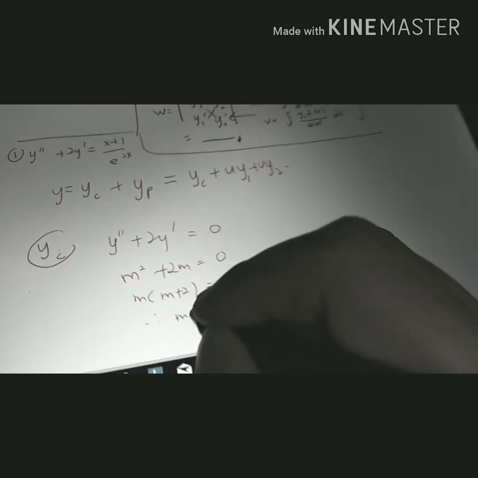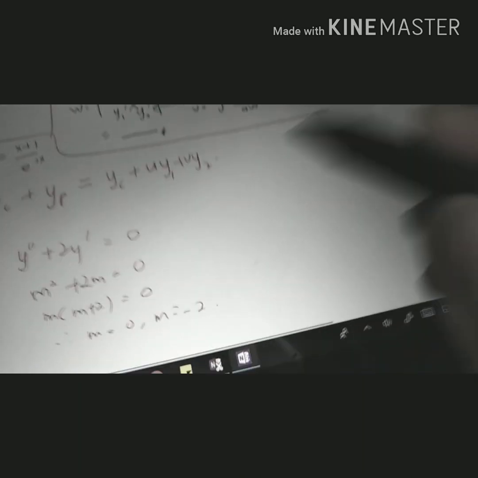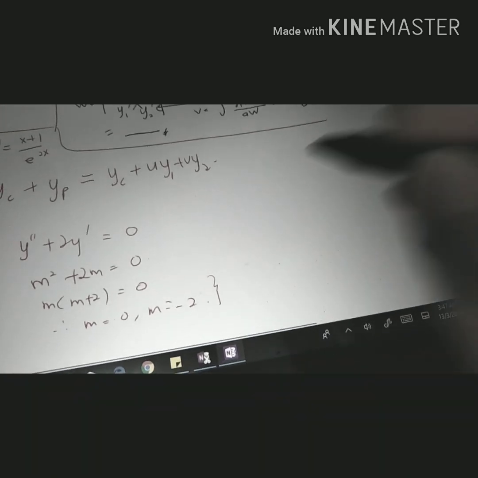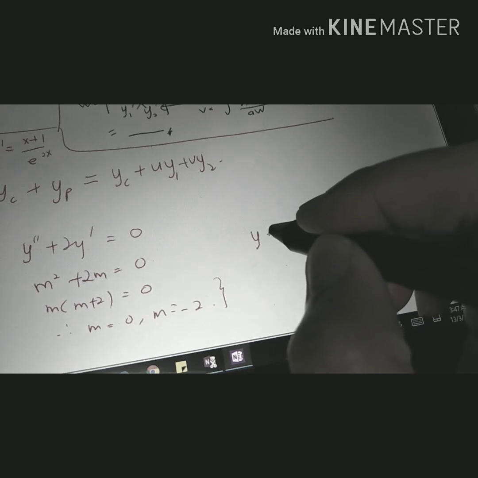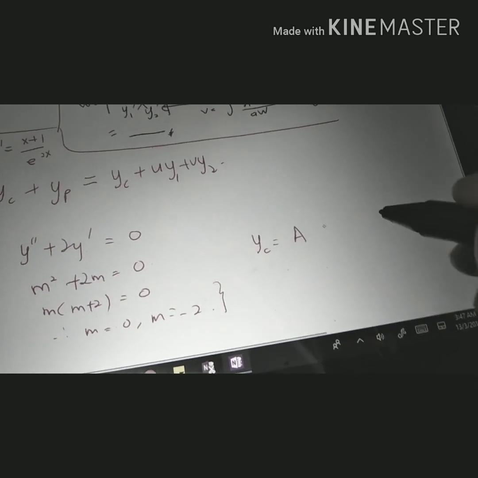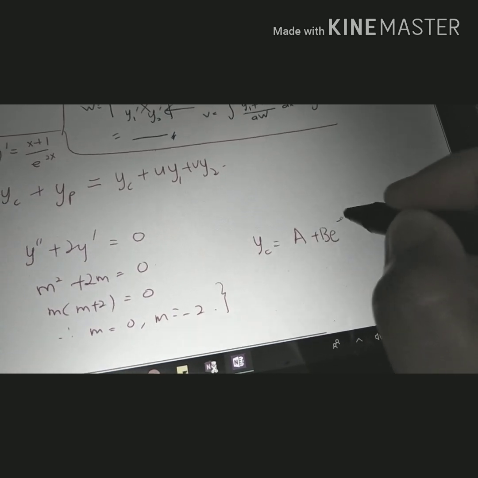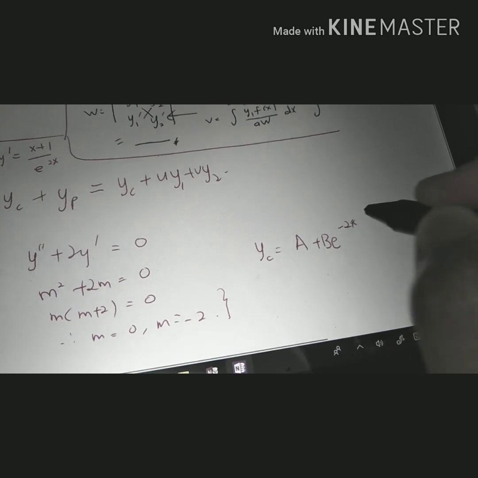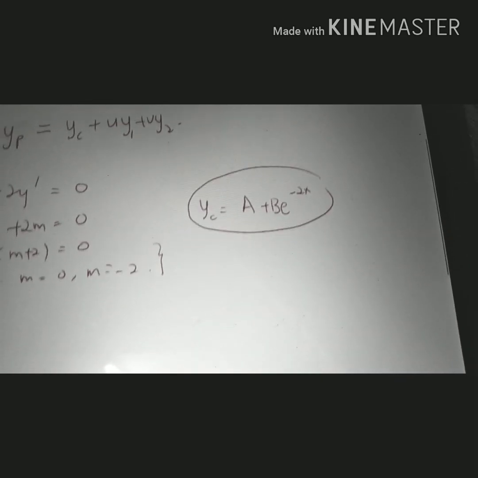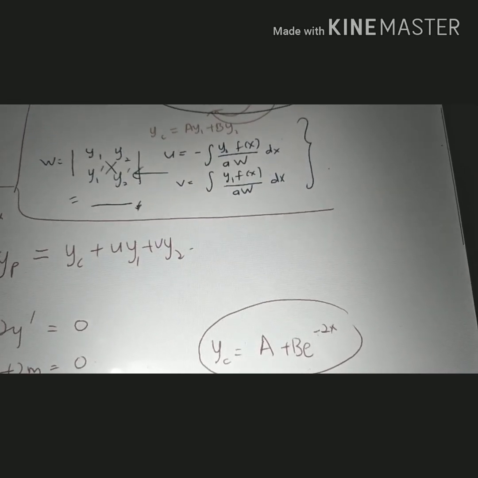Therefore, I have m equals 0, and m equals negative 2. Since I have two different roots, the solution is yc equals a e to the 0x, which is a, plus b e to the negative 2x.